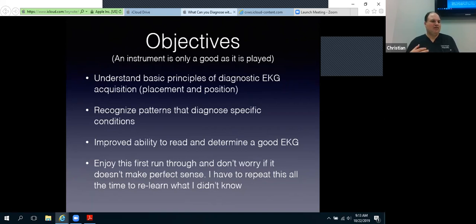We throw these terms of diagnosis around all the time, and what diagnosis means to me as a clinician is different than what it means to me as a scientist. As a scientist, a diagnostic event occurs when I have sufficient, reliably accurate data to make an opinion about what's there and that I have proof of, right?